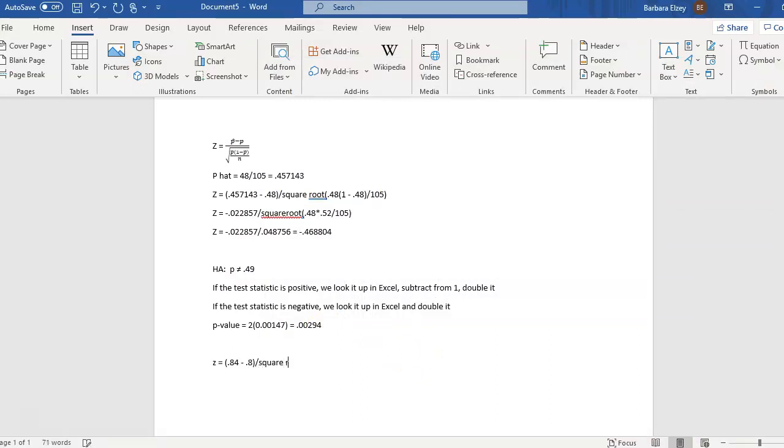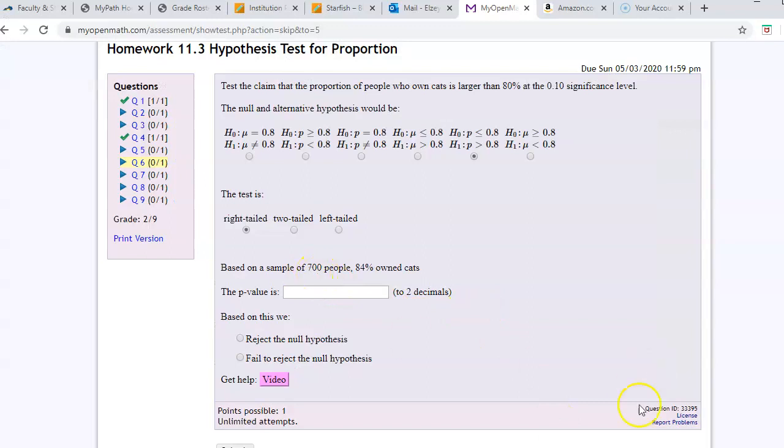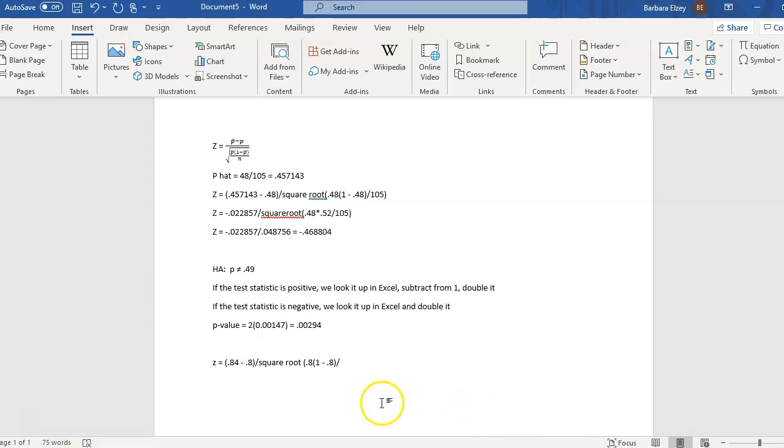Divided by the square root. Now we're going to have 0.8 times 1 minus 0.8 on the top, and on the bottom is our sample size, which I believe was 700, but let's look back. Yes, 700 people. So 700. Okay, so let's work this out, starting with the top.